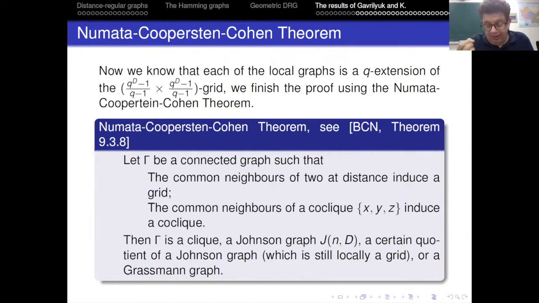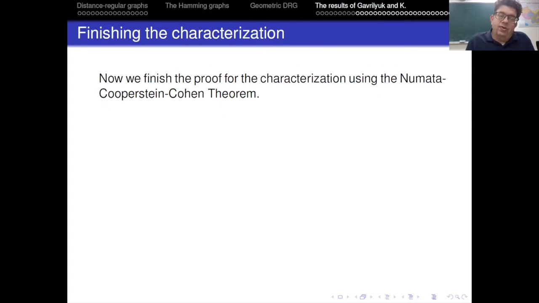Then gamma is either a clique, a Johnson graph, a certain quotient of a Johnson graph, which is still locally a grid, or a Grassmann graph. So this is the Neumaier-Kupferstein-Cohen theorem.